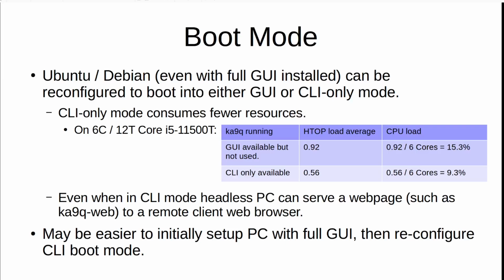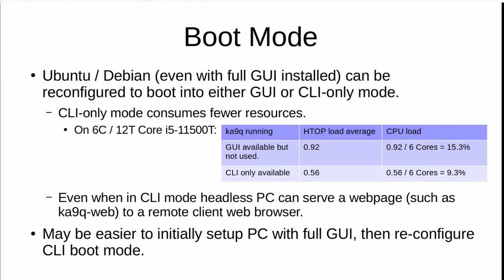When the GUI is shut down so only a CLI boot is available, the HTOP load average was about 0.52. On a 6-core processor, that equates to a CPU load average for the GUI available but not utilized of about 15.3%, and in the CLI-only mode of about 9.3%.